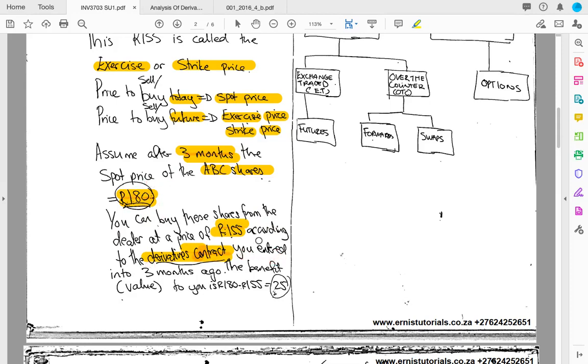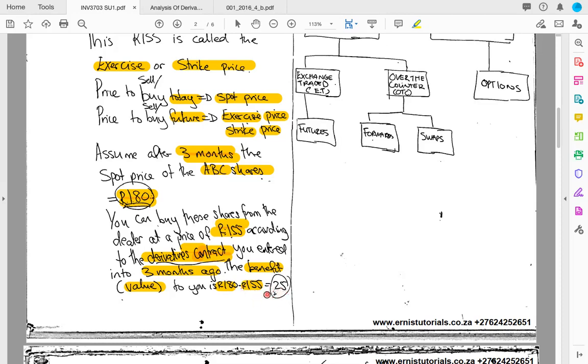So you can buy these shares from the dealer at a price of 155 Rand according to the derivatives contract you entered 3 months ago. The benefit, the gain to you, will be the 180 Rand, which everyone else is paying, minus the 155 Rand, which you get to pay.